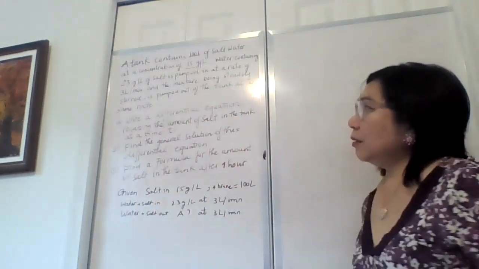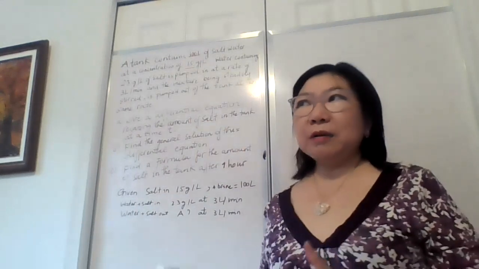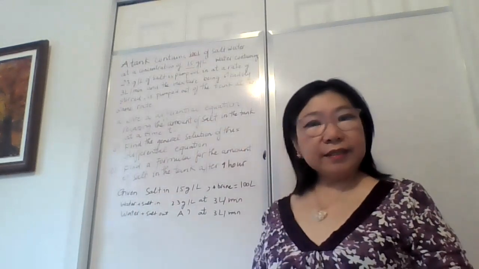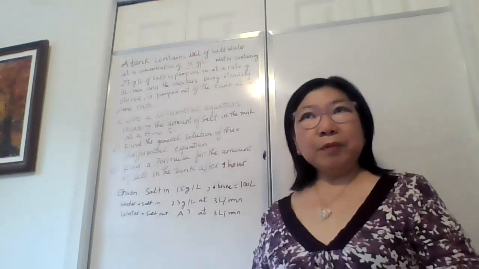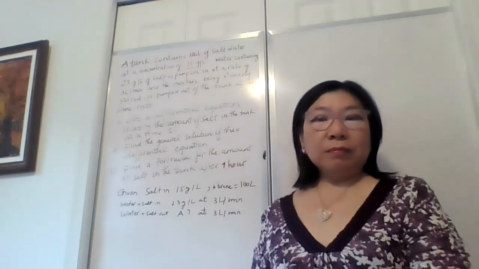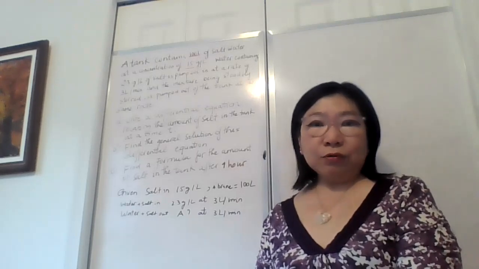Now, the setup is just 15 grams of salt in the water, 100 liters. We can guess as well. We can estimate how much salt came out, but it would be a tedious task and it won't be accurate.